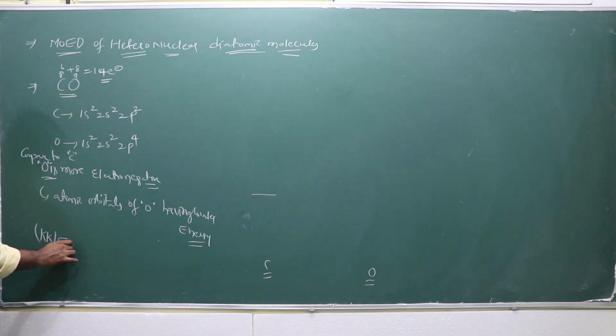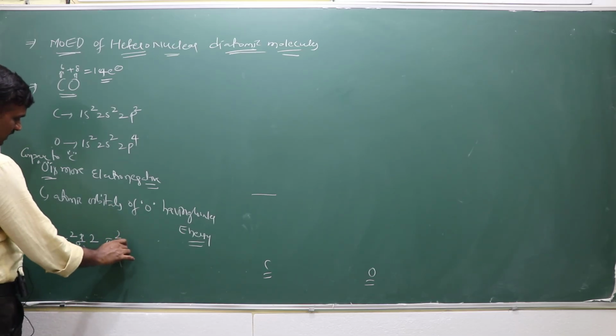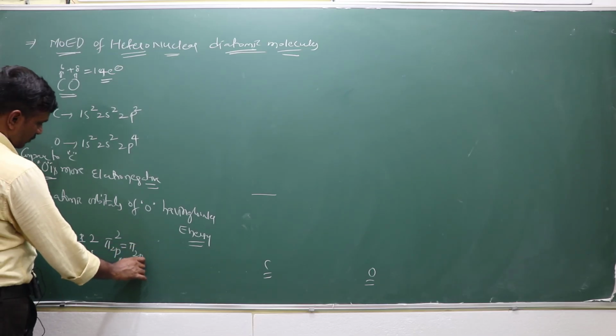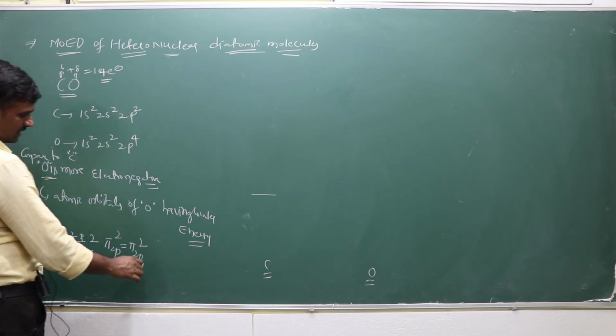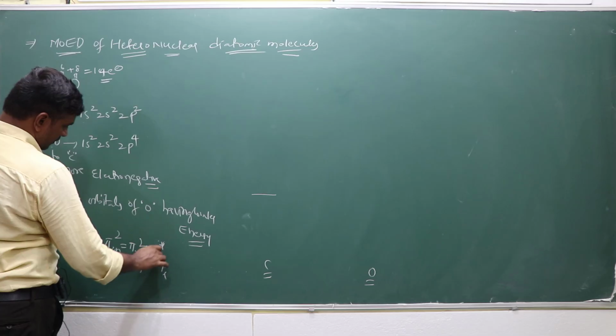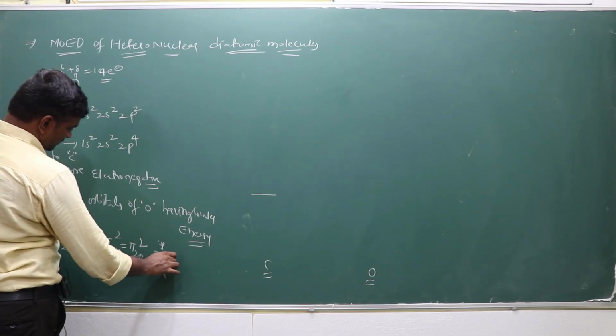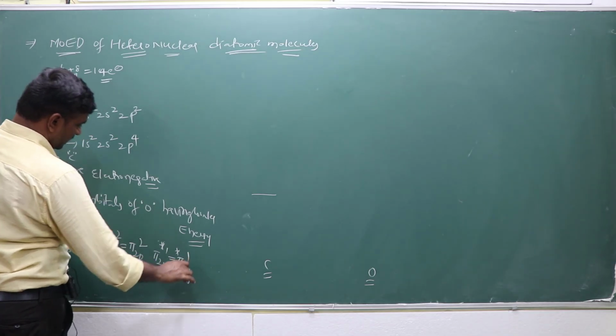So sigma 2s2, sigma star 2s2, and pi 2px2 equal to pi 2py2. 4 plus 8, 12 is completed. Another one is pi star 2px1 and pi star 2py1.